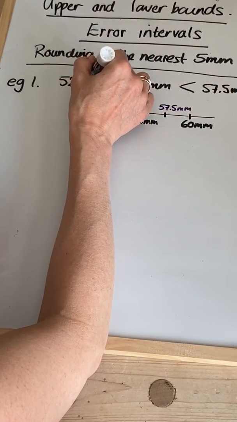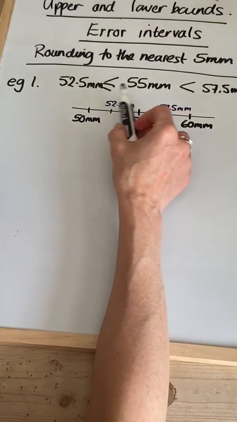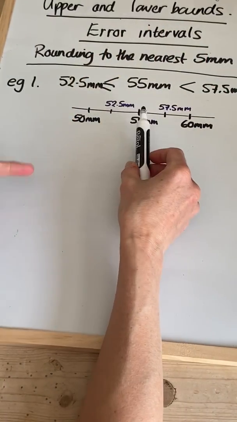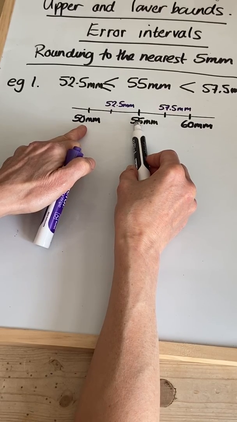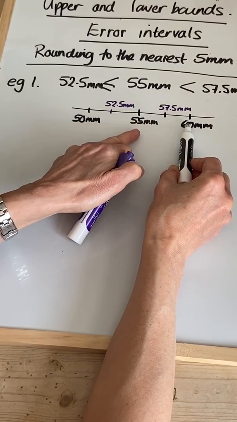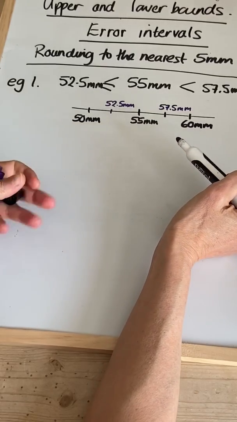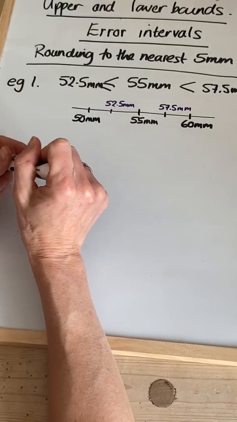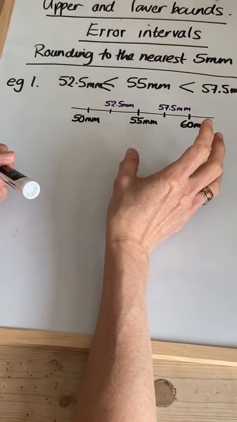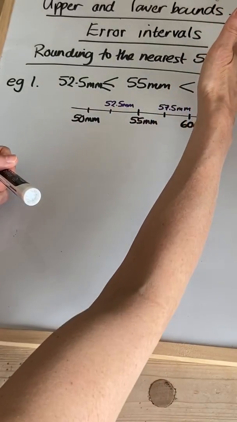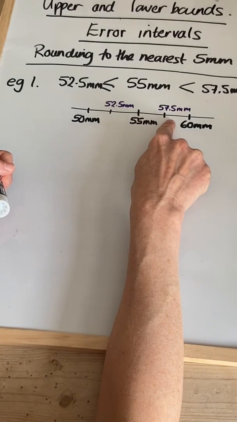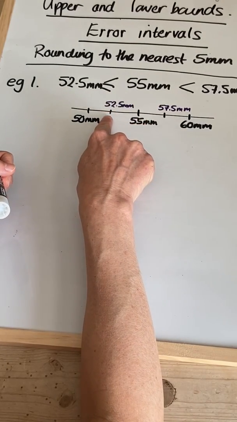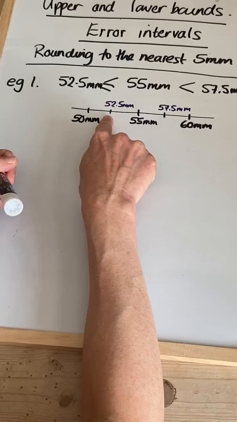That's a slightly different version of the rounding, because we haven't got an interval with a 0 on the end of it, like 10 or 100. It's a 5 millimeter interval in this case, but the idea is the same. Split that interval in half, and then you're adding 2.5 on this side, taking away 2.5 on this side.